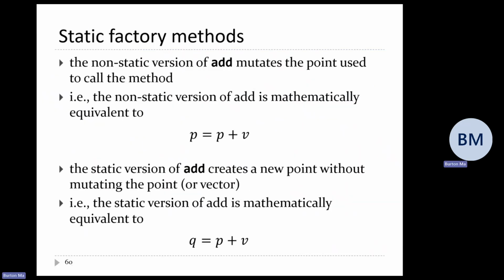So the non-static version of add changes the point used to call the method, computing something like p equals p plus v. The static version does not change the coordinates of p, but it still adds p and v together to give you a new point, like making a new point q equal to the point p added to the vector v.